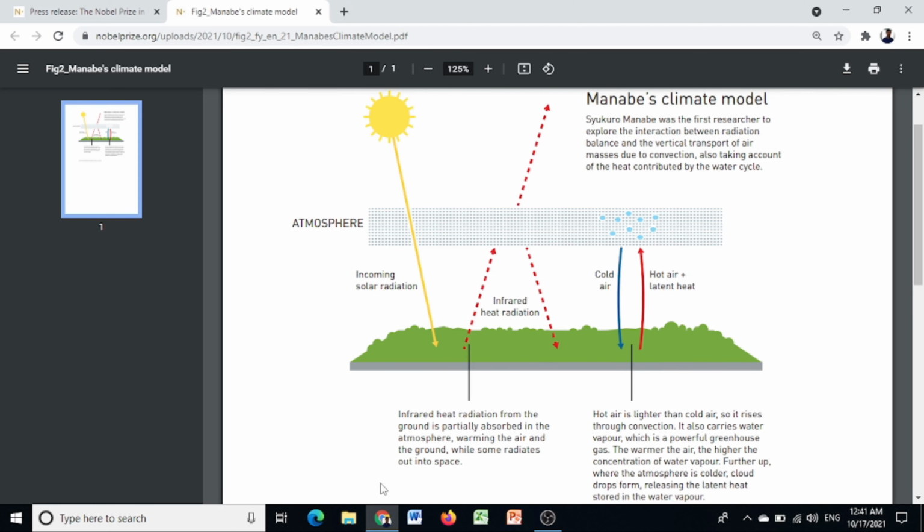But as carbon dioxide level increases in the atmosphere, making it warmer, more water vapor is held in the atmosphere, which increases the greenhouse effect and makes temperature rise even further. If carbon dioxide level drops, some of the water vapor will condense and temperature will fall. This is the basic idea of Manabe's climate model.